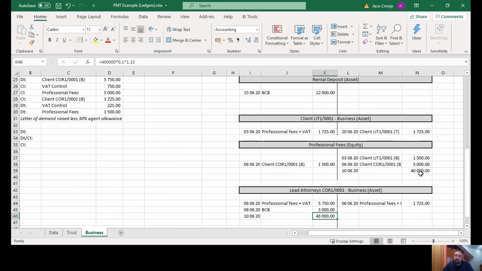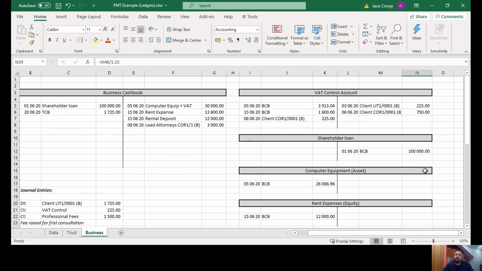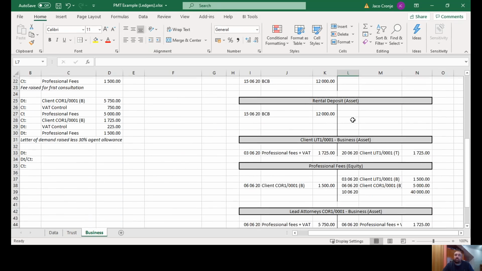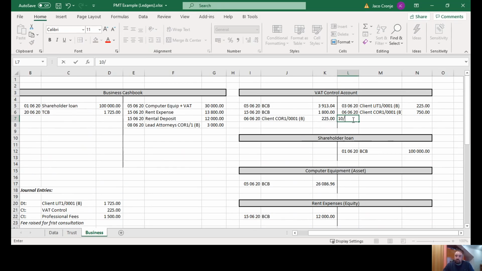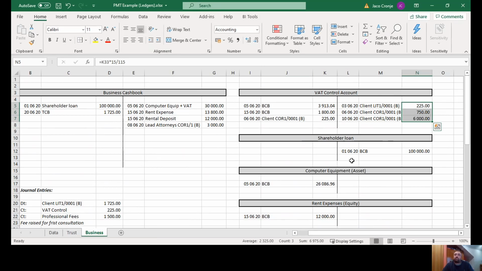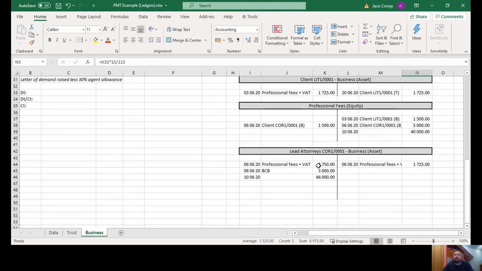And now I've got a 46 and a 40. In other words, there's 6,000 Rand that needs to go to my VAT control. That was on the 10th, 10 June 2020. I'm just going to copy and paste that same reference there. That is 6,000 Rand. Now this journal of mine is in balance.